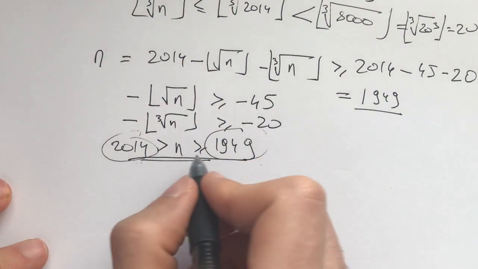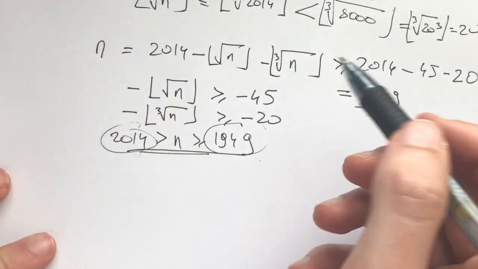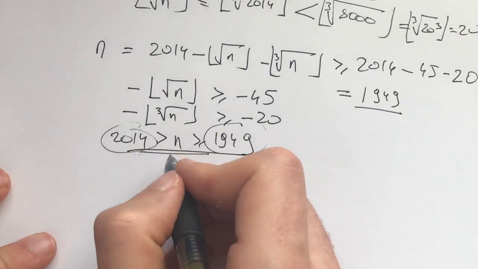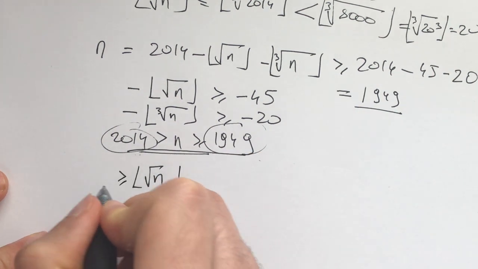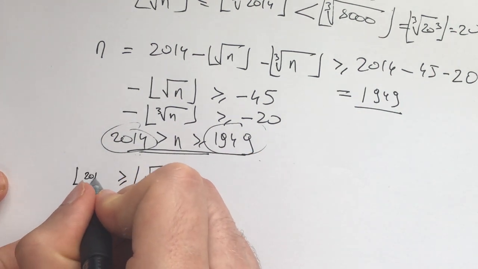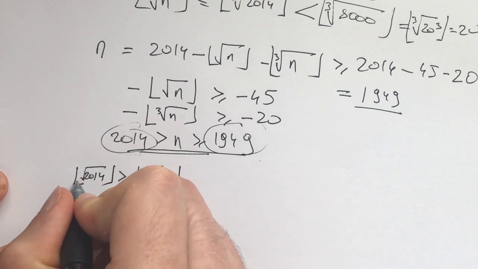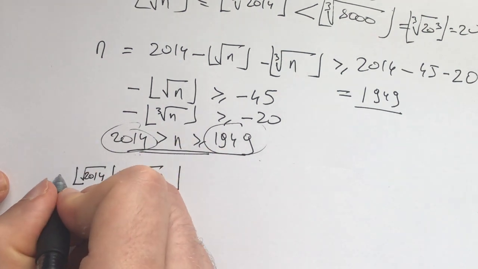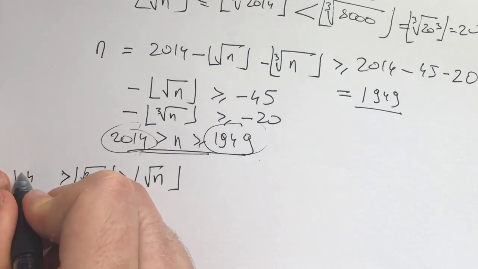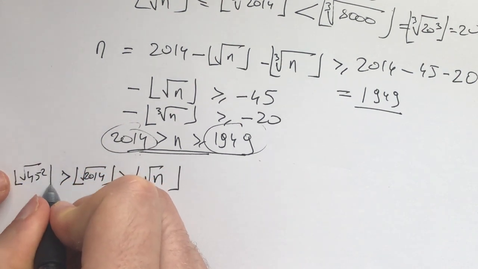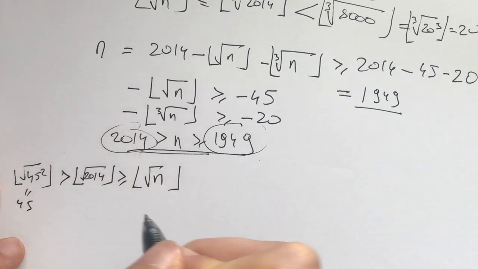The thing is, given this, we can actually figure out what n is directly, and here's why. We know that the floor of the square root of n is less than or equal to the floor of the square root of 2014, and this is strictly less than the floor of the square root of 45 squared, which is 45.